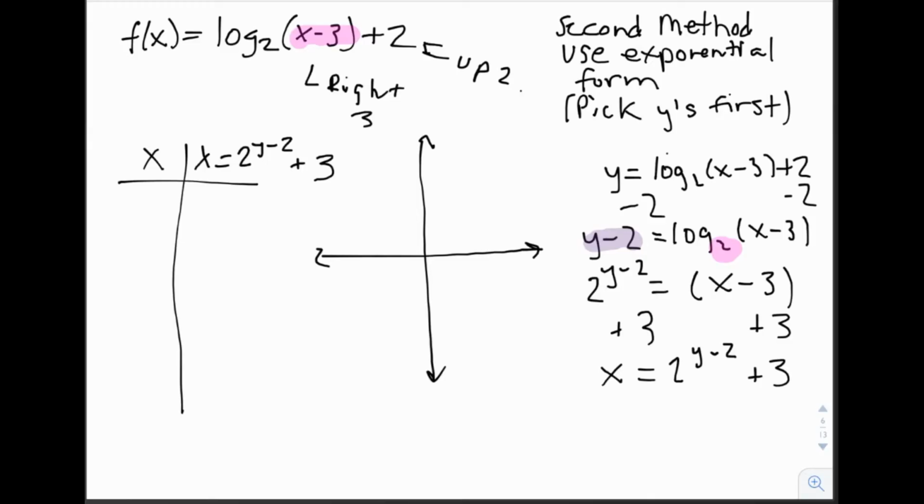If we plug in a 0 for y, that will give us 2 raised to the 0 minus 2 plus a 3, or an x value of approximately 3.25. If we plug in a -1, that should get us approximately 3.125. Now if we pick a value of y as 1, we should get 3.5, and additionally, y values of 2 and 3 should give us a 4 and a 5.